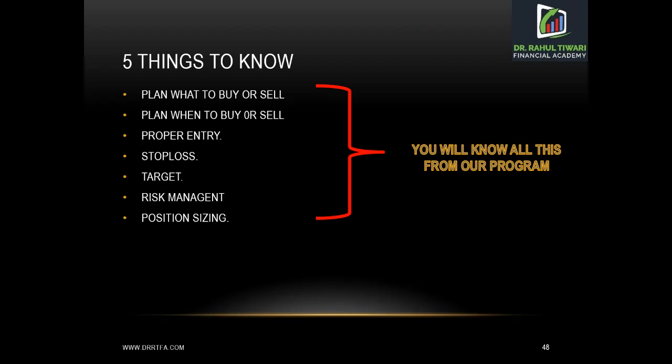So basically, what you need to know: what to buy, when to buy, your proper entry, your stop loss, your profit target, and what risk management you have in place, whether it's 1% or 2% of your money at risk in that particular trade, and accordingly your position size.